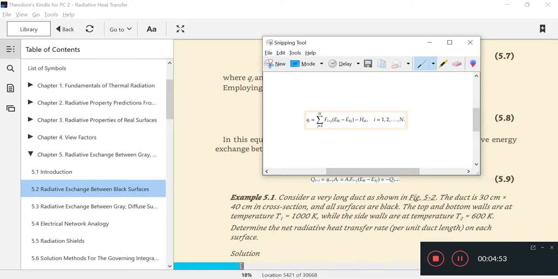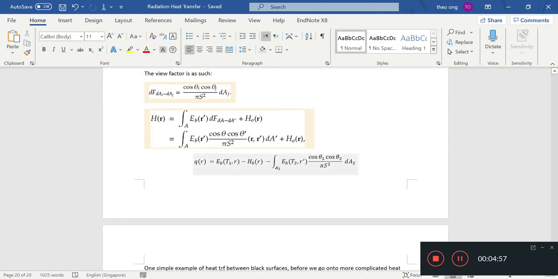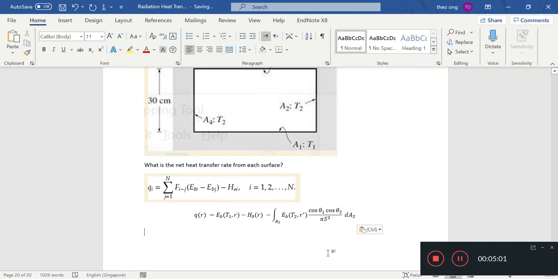Remember, this is the original integral we came up with. But with integrals, we are splitting up the surface into many small surfaces.